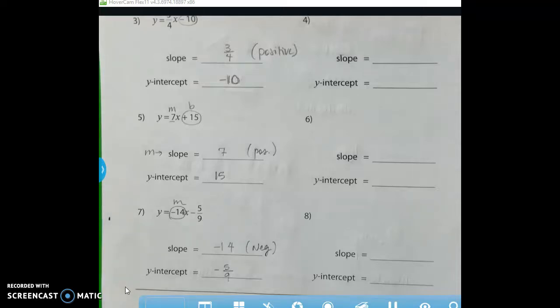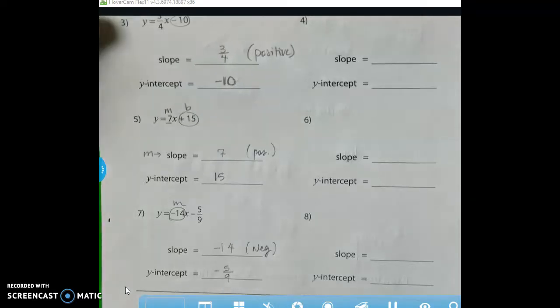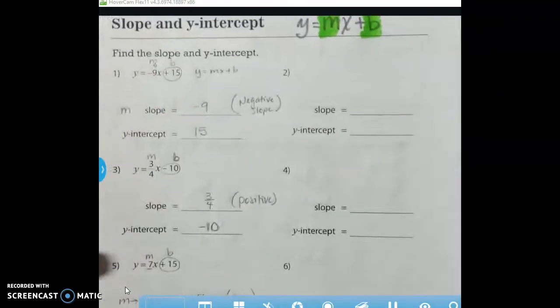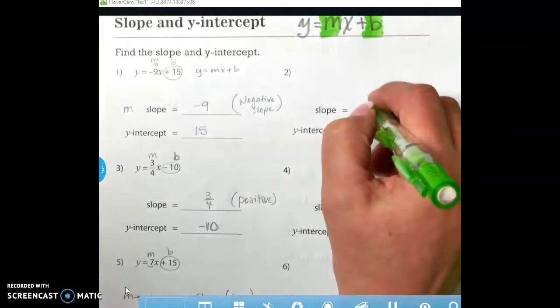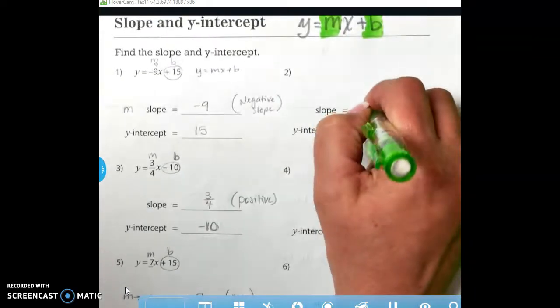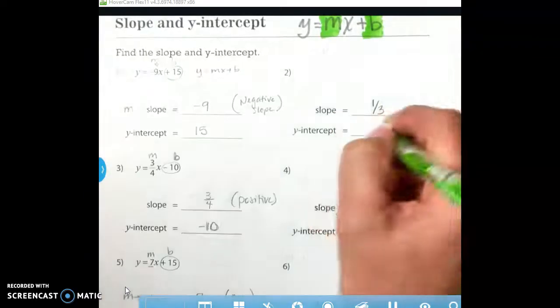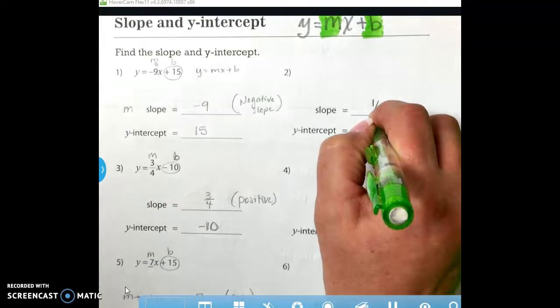All right. Next part of this particular video, I would like for us to work in reverse. So as you can see on the even side of your worksheet, there are a whole lot of blanks. So we're going to reverse this process. What if you have a slope of 1/3 and y-intercept of 2?